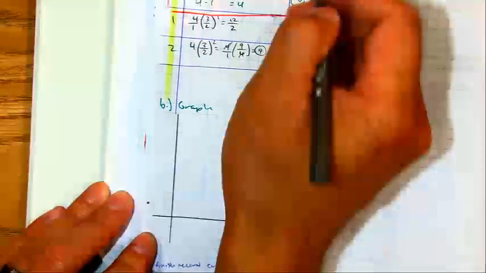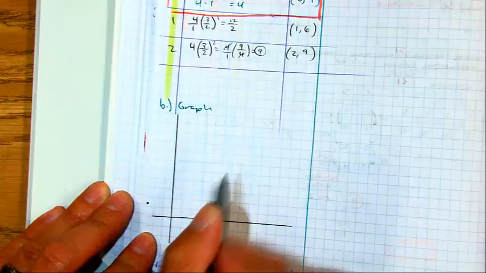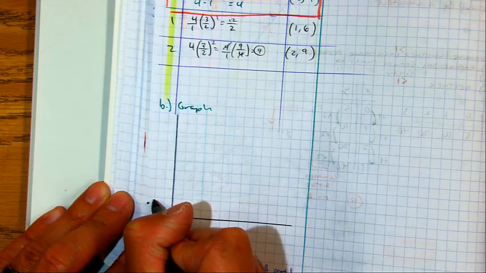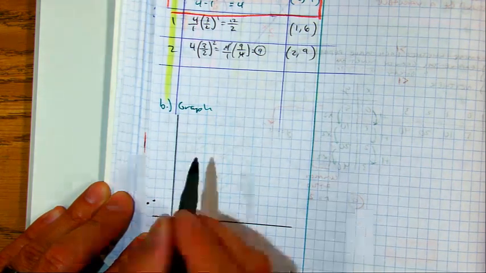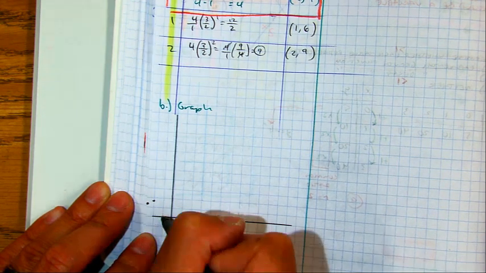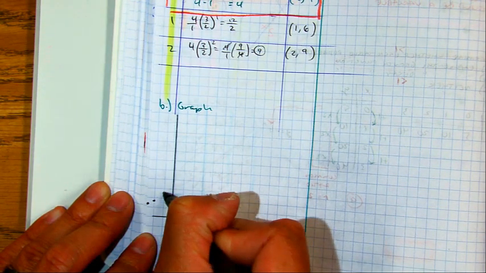I have -2 and 1.78, which is more than 1.19, the previous one, so it's going to go a little bit higher. -1 is going to be 2.67, 2 and some change.